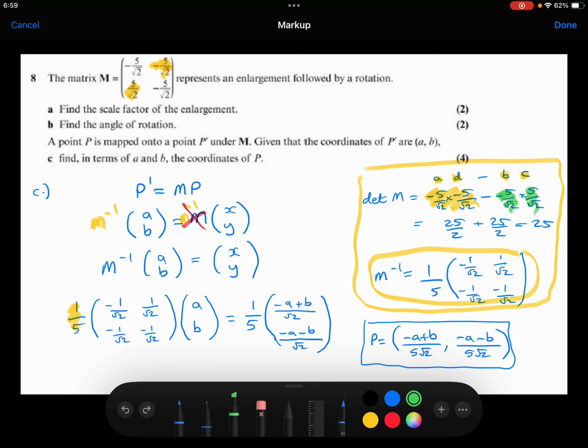This is my new x coordinate, and this is my new y coordinate in terms of A and B.